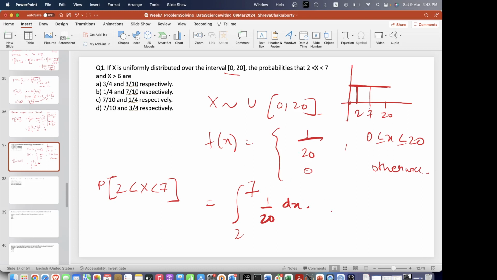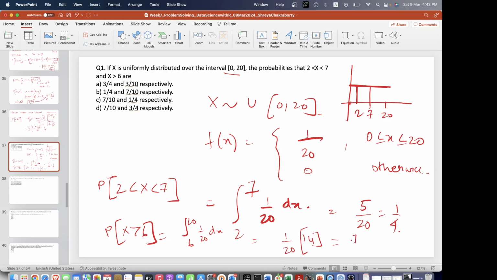This gives 5 by 20, that is 1 by 4. And then probability x greater than 6 is the integral from 6 to 20 of 1 by 20 dx. So this would be 1 by 20 times (20 minus 6), which is 14, so this is 7 by 10. So the answer is B. Is it okay? Any doubt?